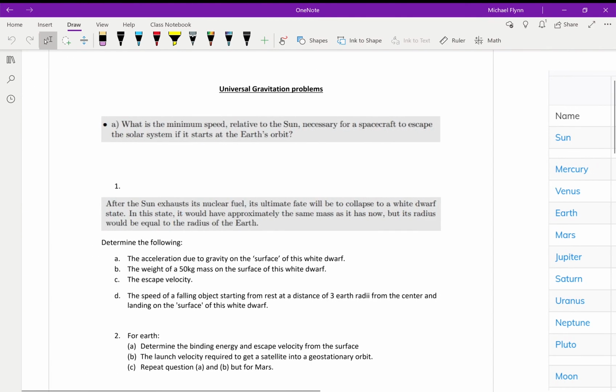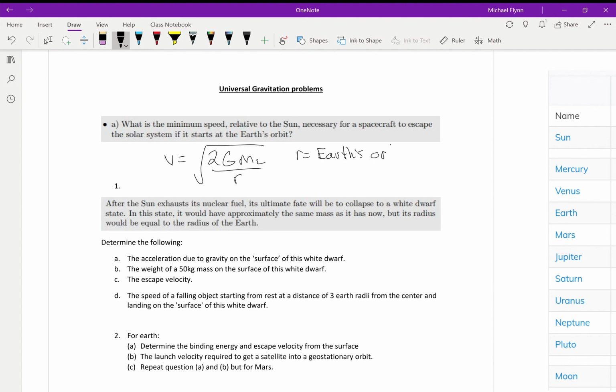And of course, in that equation, what you're going to do is escape velocity. So V will equal, let me do this, the square root of 2G M2 over R, and R will equal Earth's orbital radius, which is 1.5 times 10 to the 8 meters, I think.